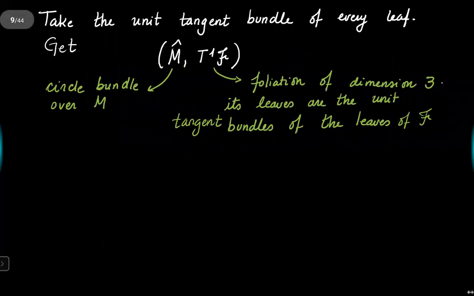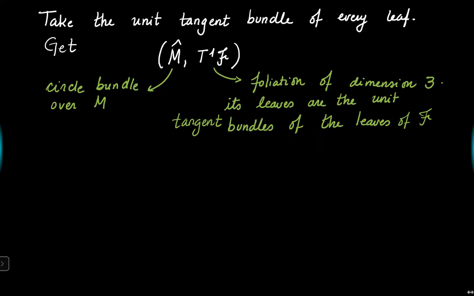The unit tangent bundle to a foliation is defined as follows: you have the manifold M and the foliation F, and at each point you take the unit tangent space to the leaf.